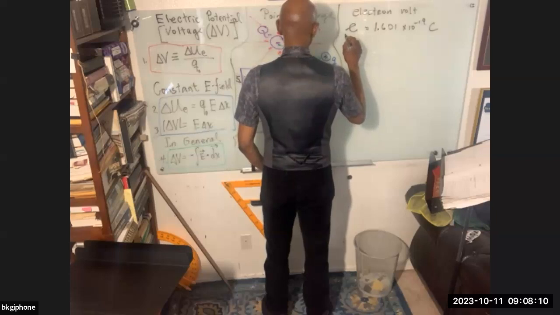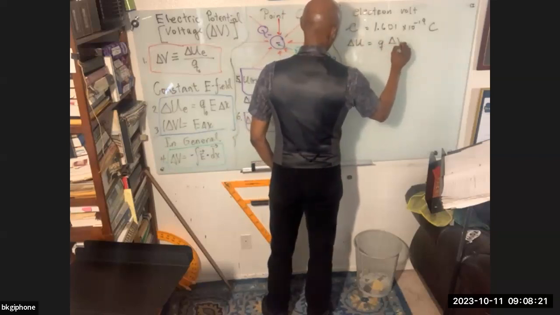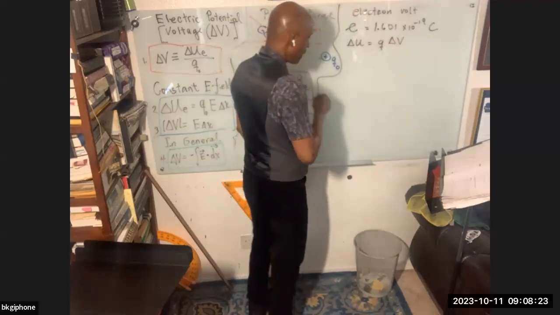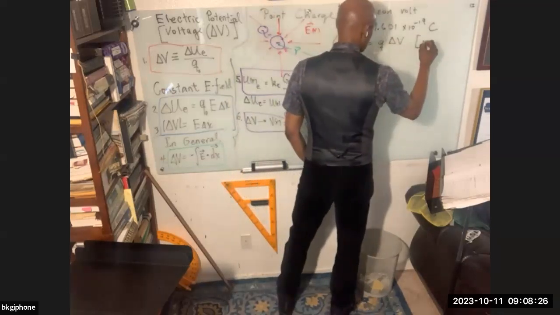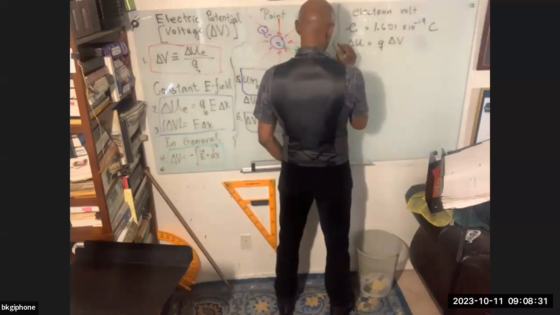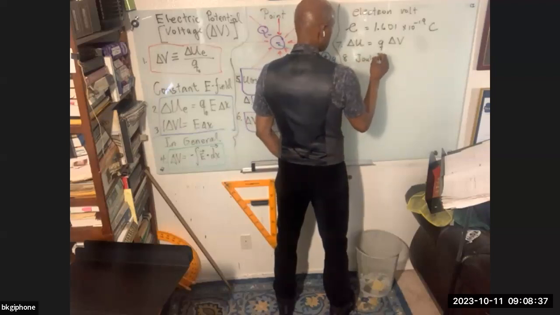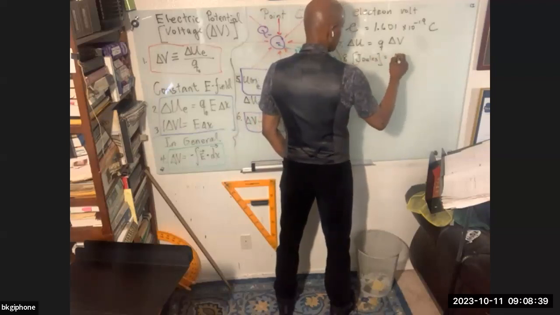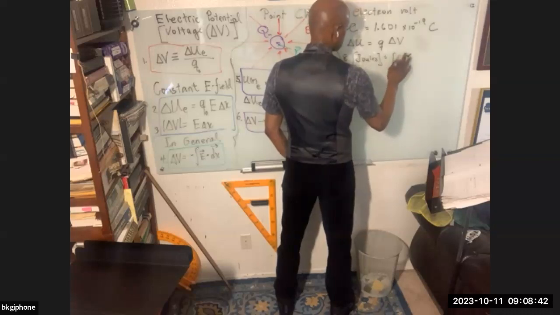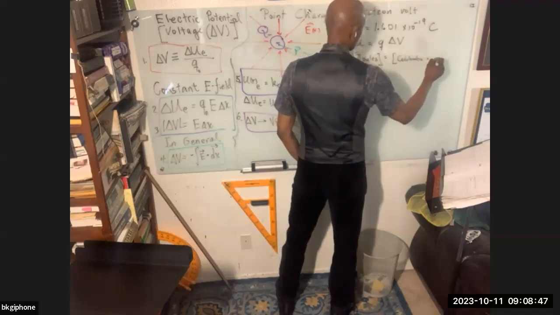In other words, I could write this as delta U equals Q times delta V. In units, joules are equal to coulombs times volts.